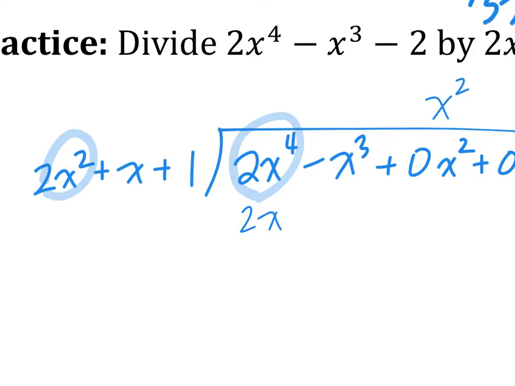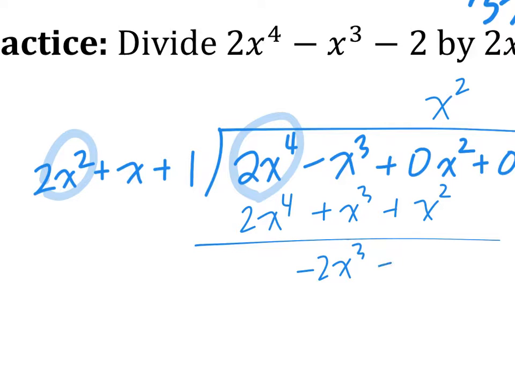Okay, so 2x to the fourth plus x cubed plus x squared. Subtract. The first term is going to be gone. Minus x cubed is minus 2x cubed. Minus x squared. So if you're always going to get confused on that, you might want to put a minus sign in front and then change all the signs to remind yourself.